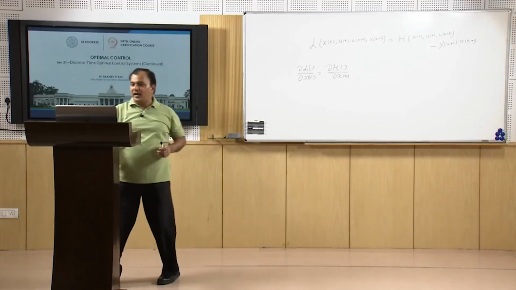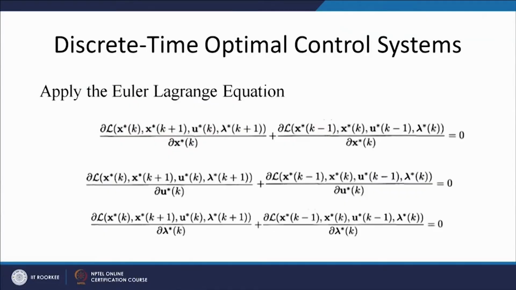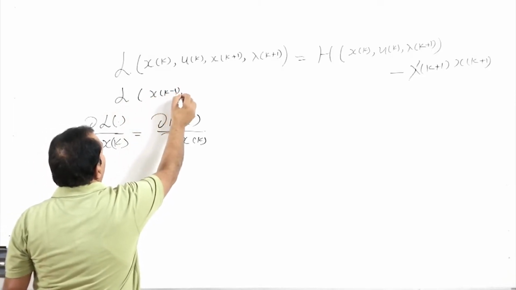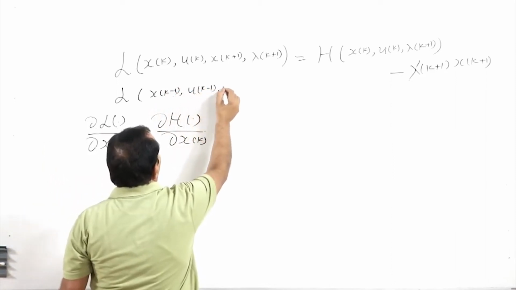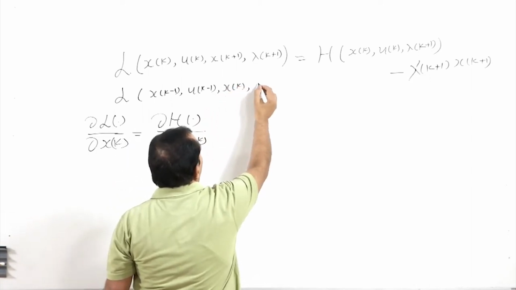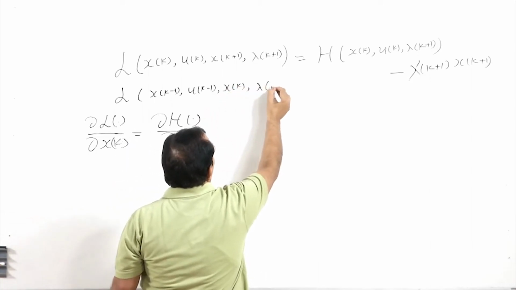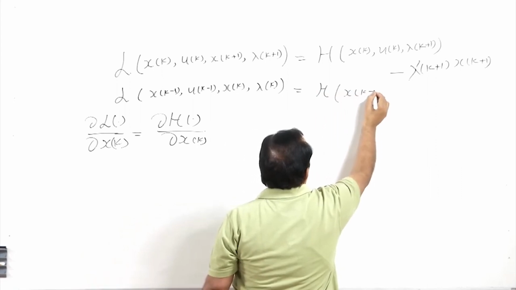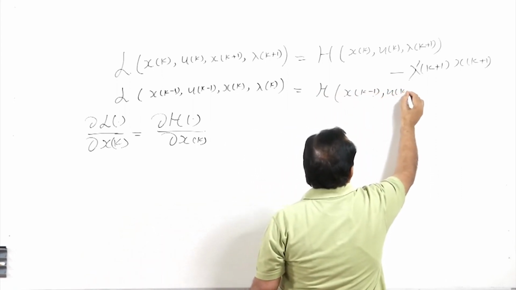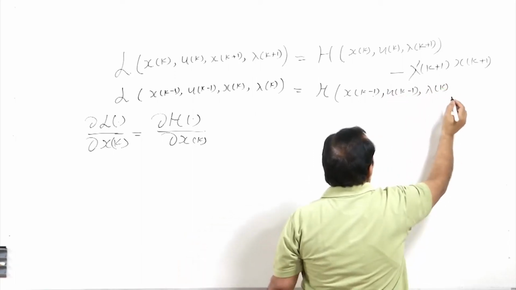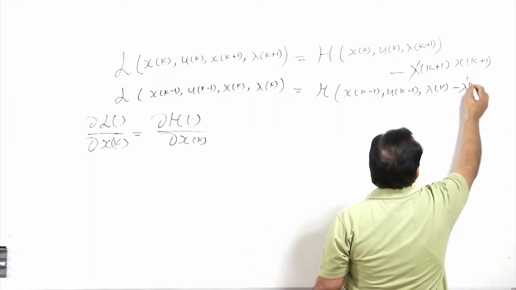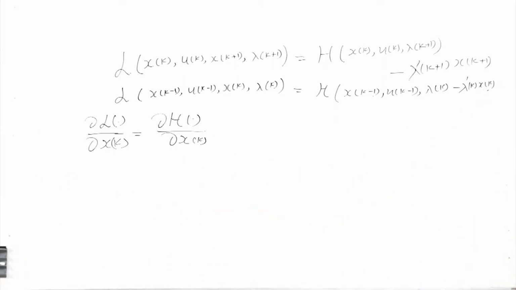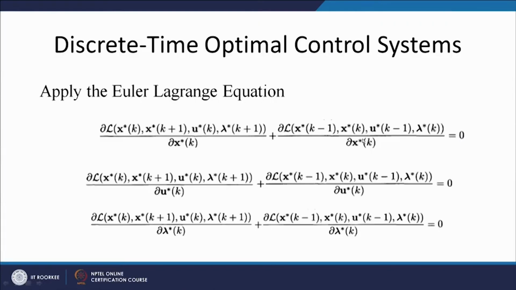My second term is del L by del x star k minus 1. So, if I write L as x of k minus 1, u of k minus 1, x of k, lambda k, and similarly here will be the h of x of k minus 1, u of k minus 1, lambda k minus lambda prime k x k, and this I have to differentiate with respect to x k.